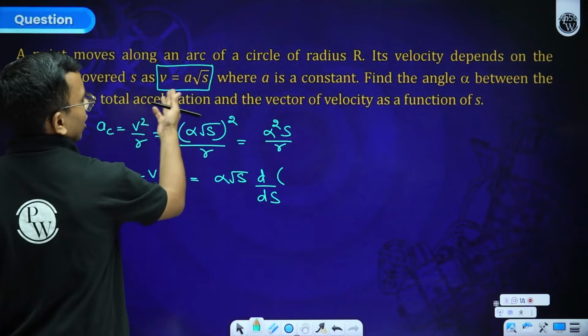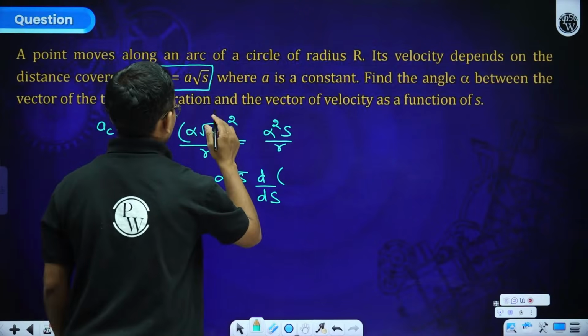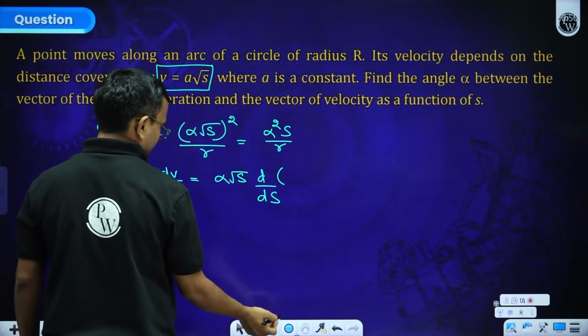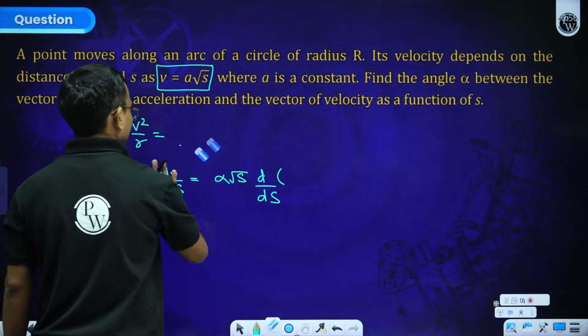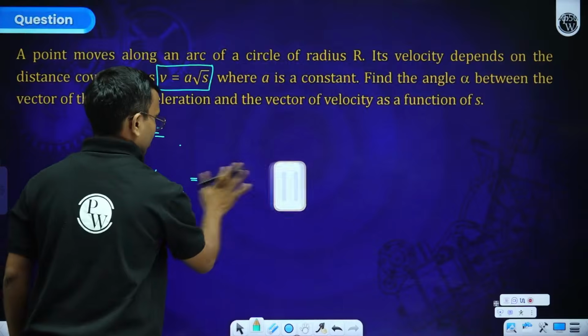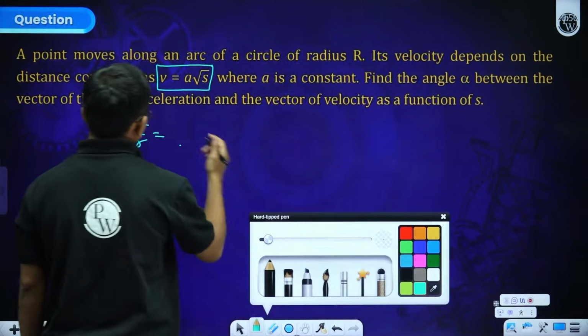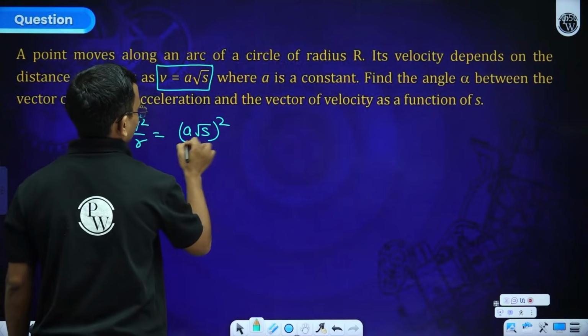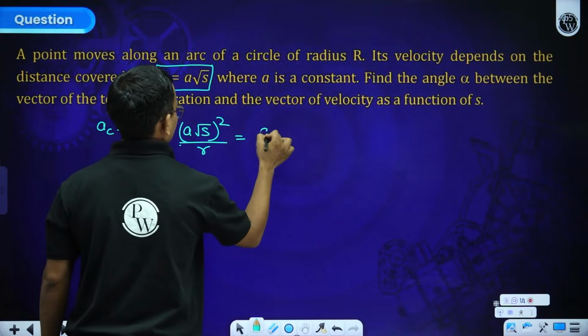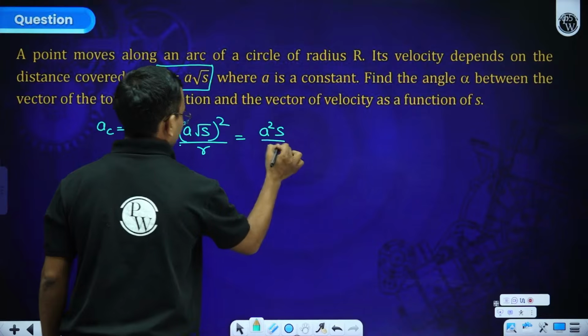I think this is alpha. No, this is A actually. This is not alpha. Alpha is the angle. This is A. We write it again. Alpha is the angle. This is A. So this is A root s, whole square, by R. So this is A square s by R.